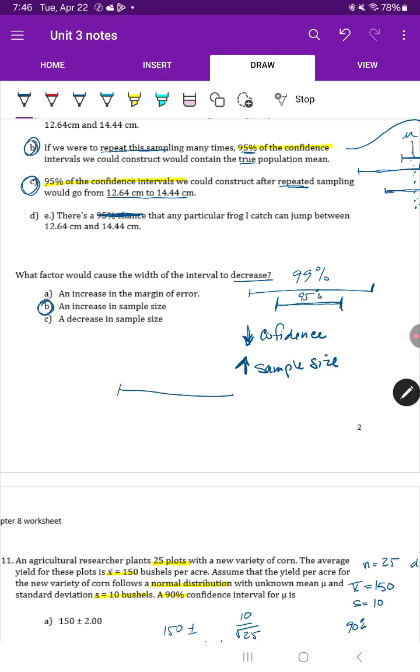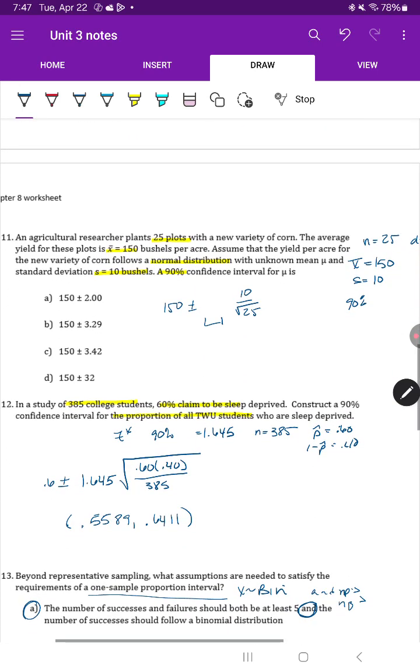If I was 95% confident with a sample size of 10 and I went to a sample size of 100, because I have more data, which allows me to make a better guess, my 95% confidence interval would be smaller. So if I increase the sample size, it will decrease the width of my interval.